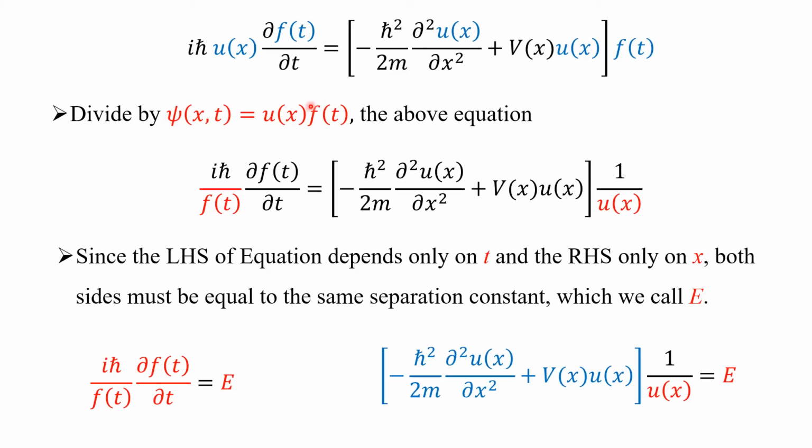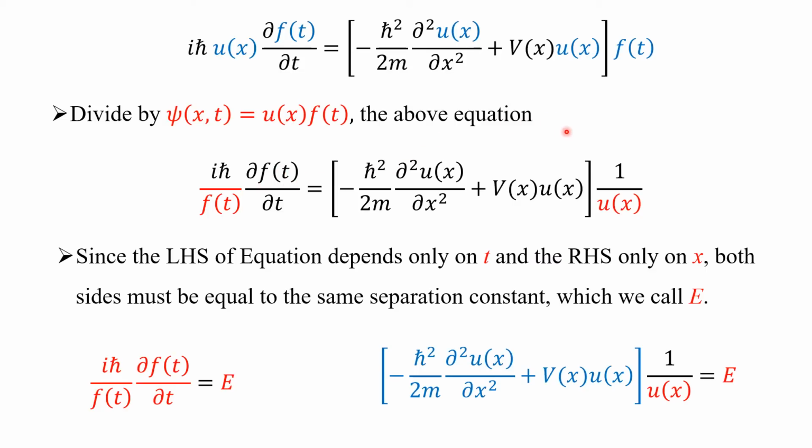Just divide it by u of x f of t. So in the left hand side, u of x will cancel with this u of x and you will get only f of t. So here you will get, on the left hand side, i h cross over f of t into delta f of t over delta t.